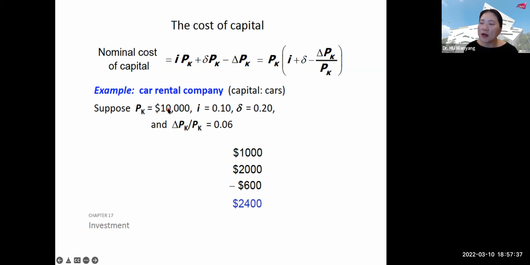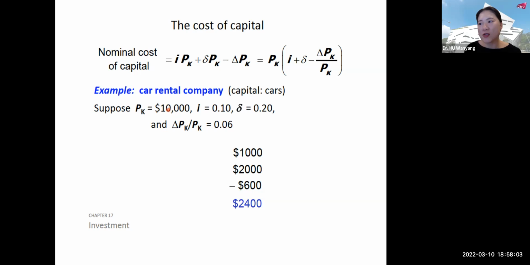Here is a very simple example. Let's assume this is a car rental company. A car is a kind of capital, and sometimes, especially when you travel abroad, there will be car rental companies where you can rent a car. For example, you take a tour in California and you don't need to own a car there. Instead, you rent a car and travel around.